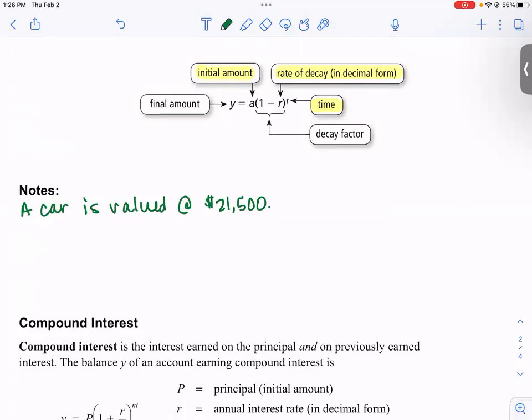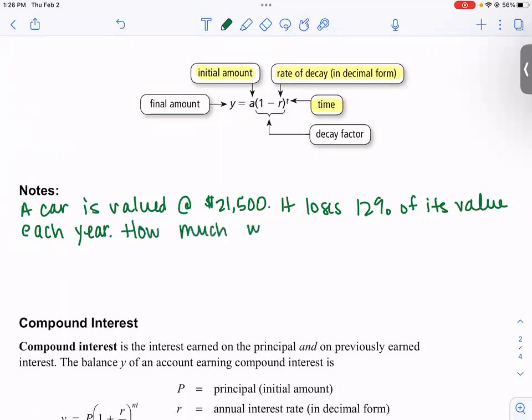But this is probably a used car, okay, in today's world. It loses 12% of its value each year. How much will it be in 10 years?